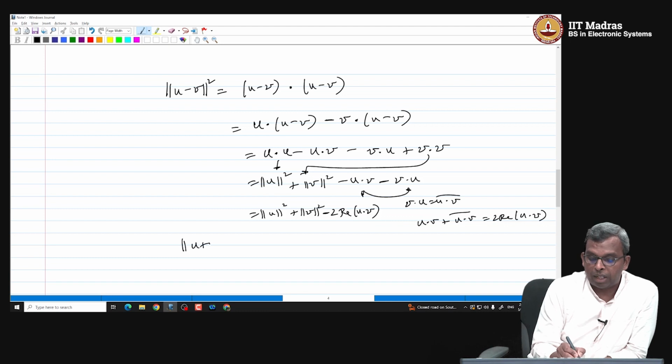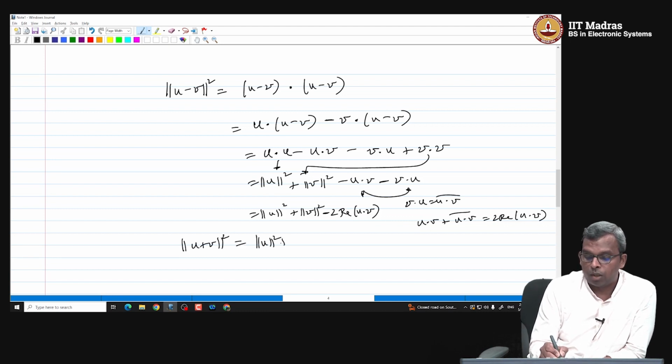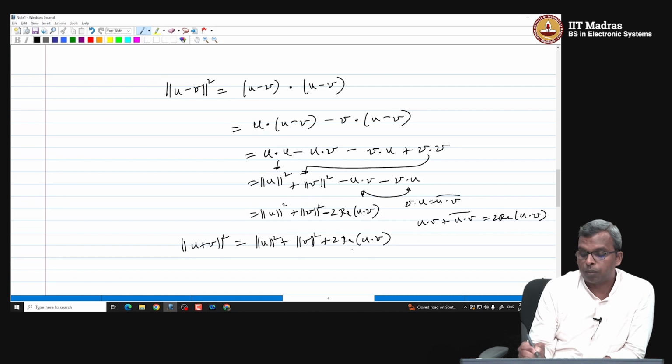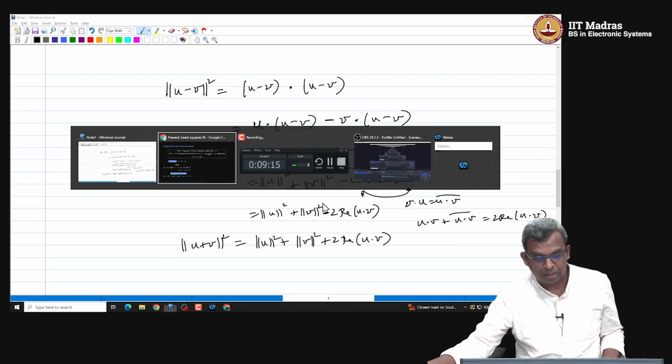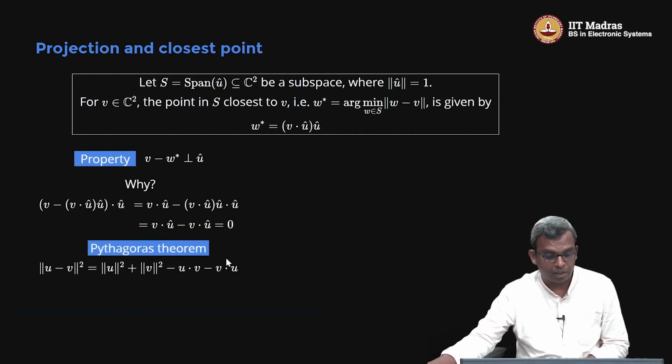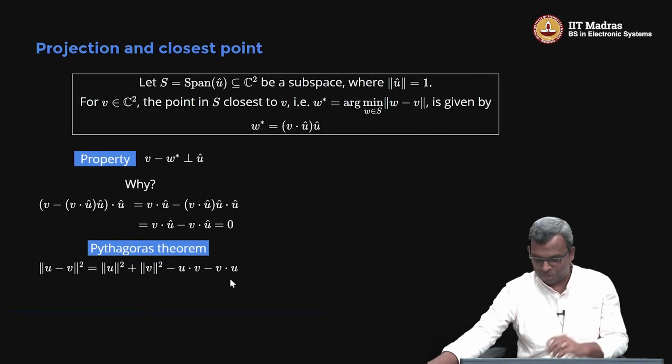A very simple modification will show you that this is also true: norm U plus V squared is norm U squared plus norm V squared plus 2 times the real part of U dot V. So you might want to remember these things, but this is our interesting result here. So this is the Pythagoras theorem. Well, this is a general version of the Pythagoras theorem.